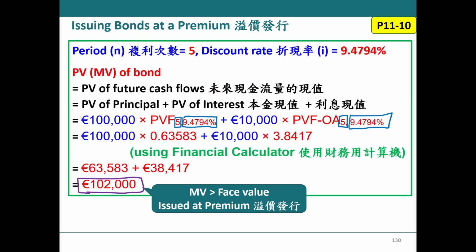Okay, so $102,000. This is the amount you can borrow from investors. Okay, so see, it's our expectation. So what's our expectation? We can sell the bond with higher price, right? So indeed, we sell the bond with higher price.